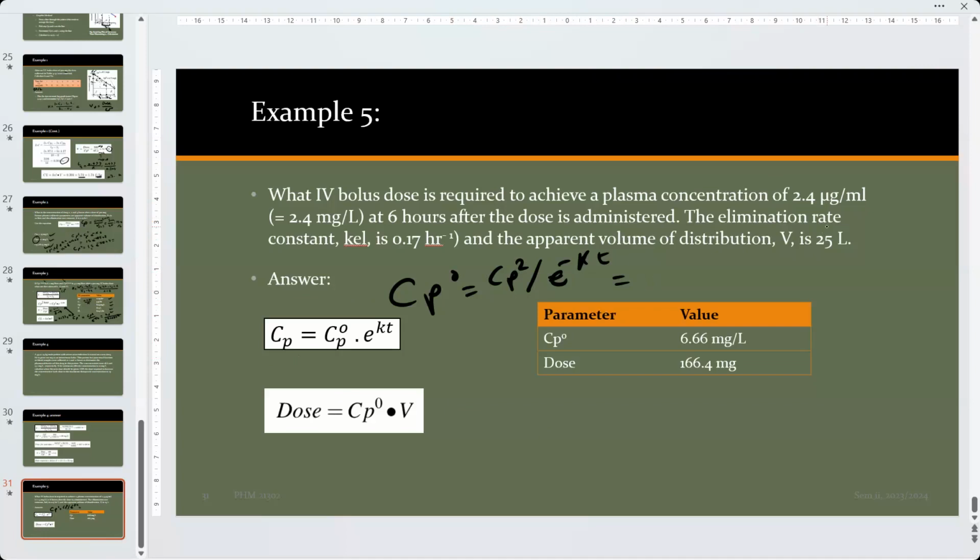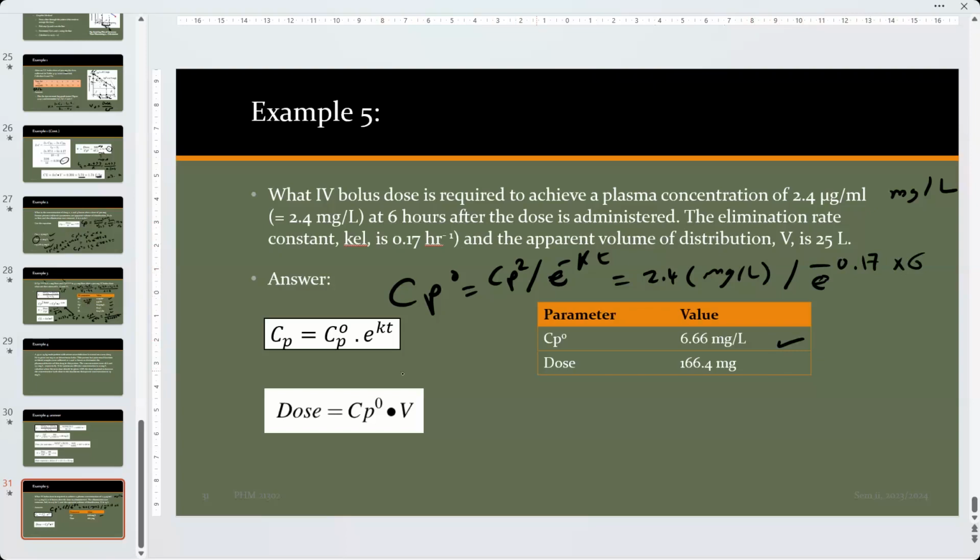And we said before, microgram per ml is equal to milligram per liter. So equal to 2.5 milligram per liter divided by e to the power negative k. K is given here, 0.17. What's the time between Cp naught and the one at 6 hours? 6 hours. You should get this value.